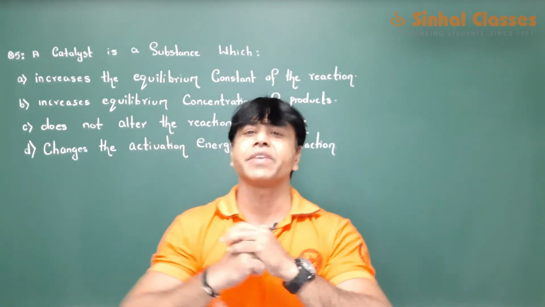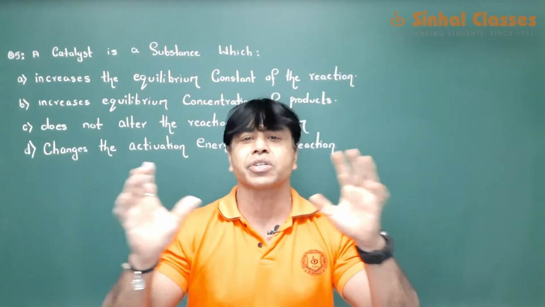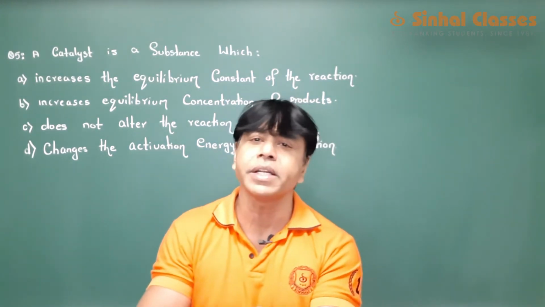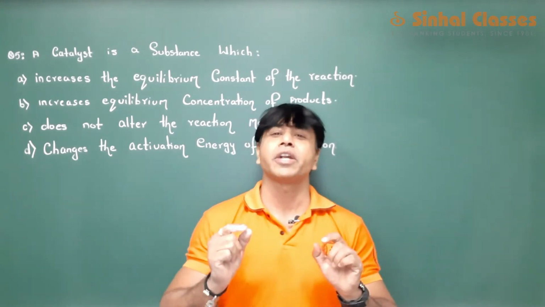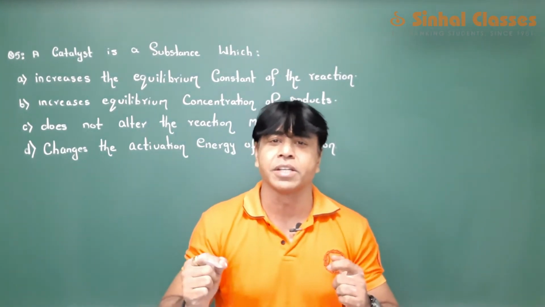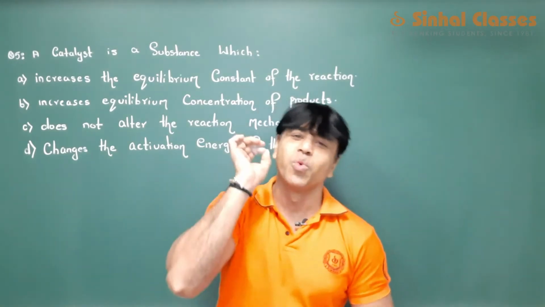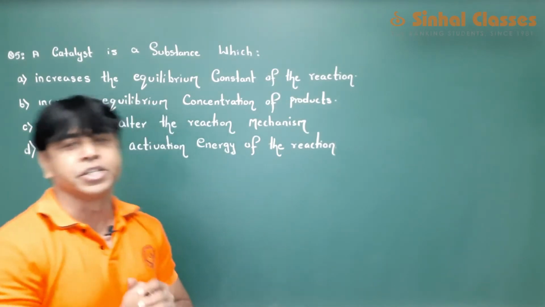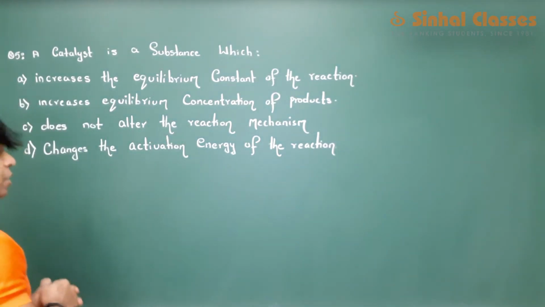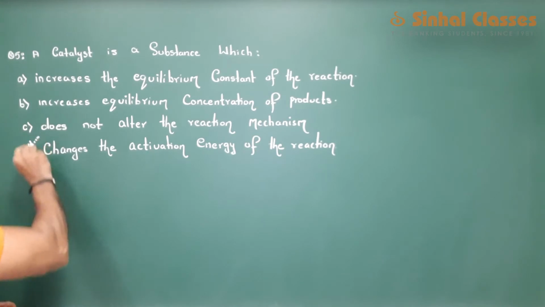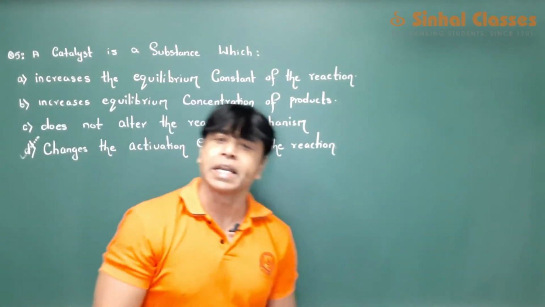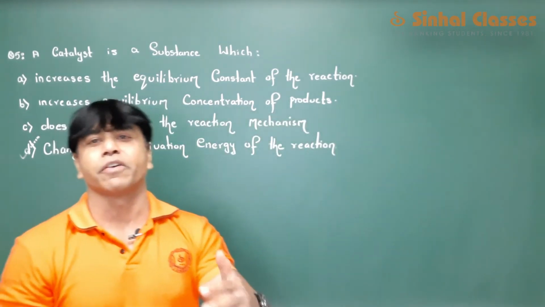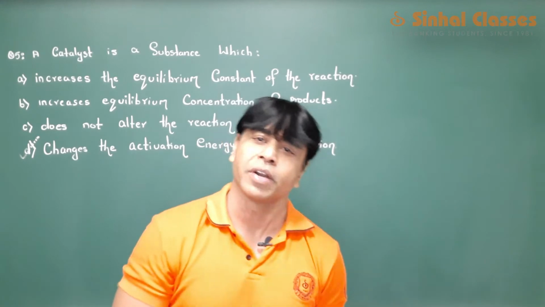It lowers the activation energy required for a reaction, so that the reaction follows an alternate path and the rate of reaction, the speed of the reaction, enhances. So the work of a catalyst is to lower the activation energy. So your option in this case will be D. It changes the activation energy of the reaction, thereby the reaction will follow an alternate path and the rate of reaction will increase.